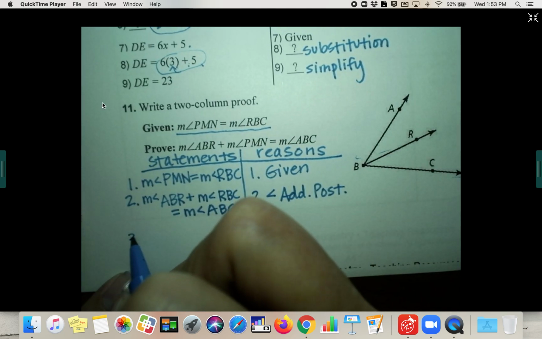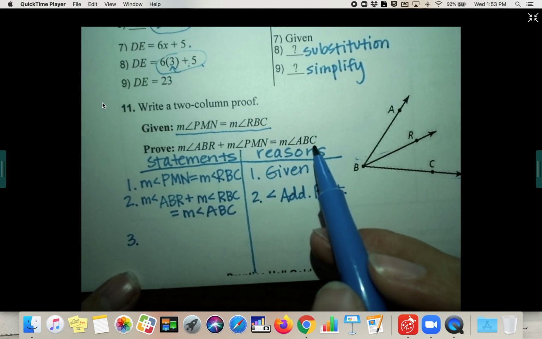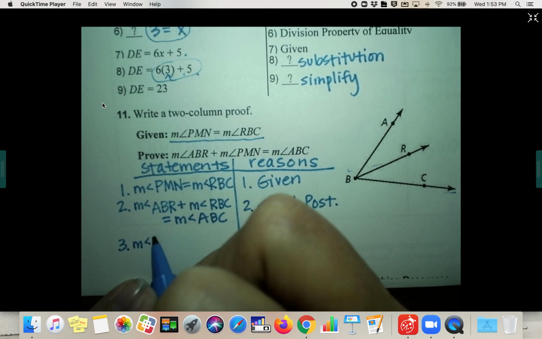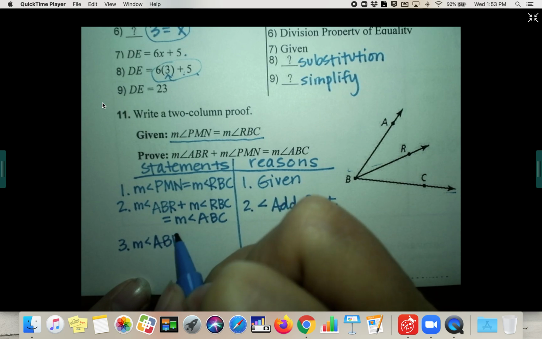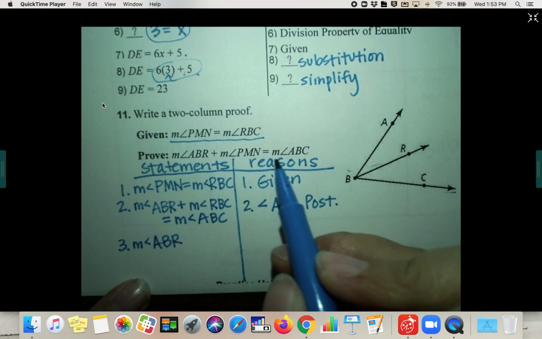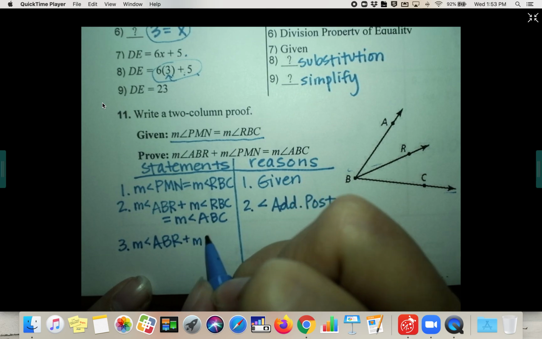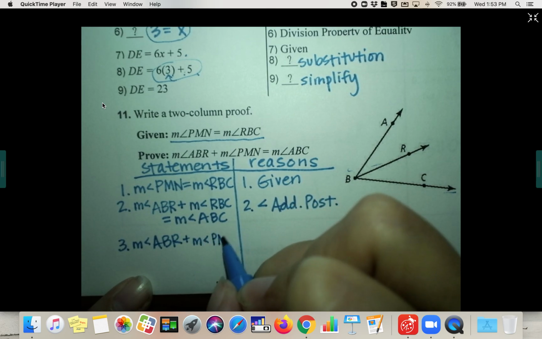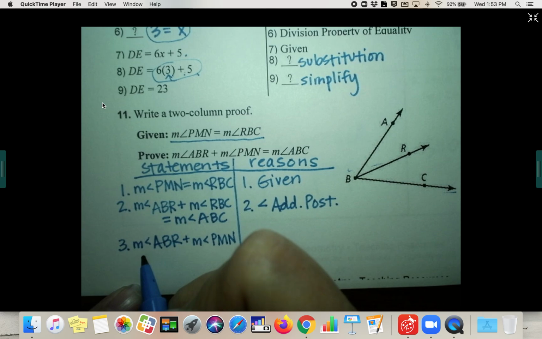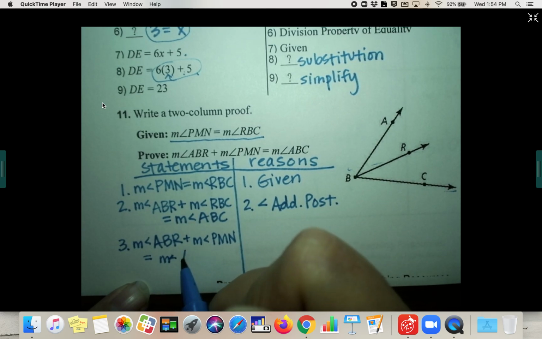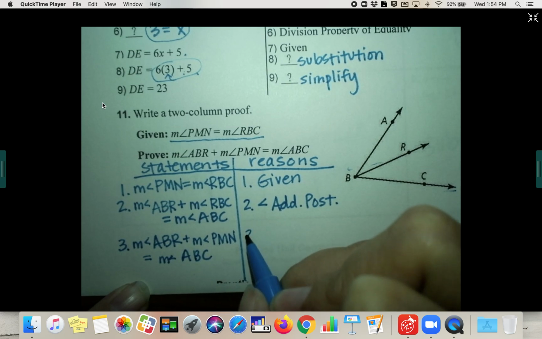So on our last step, let's go ahead and write what we're trying to prove because we're already there. The measure of angle ABR, and I'm just taking this directly from what we're trying to prove up here, plus the measure of angle PMN equals the measure of angle ABC. And what did we do?